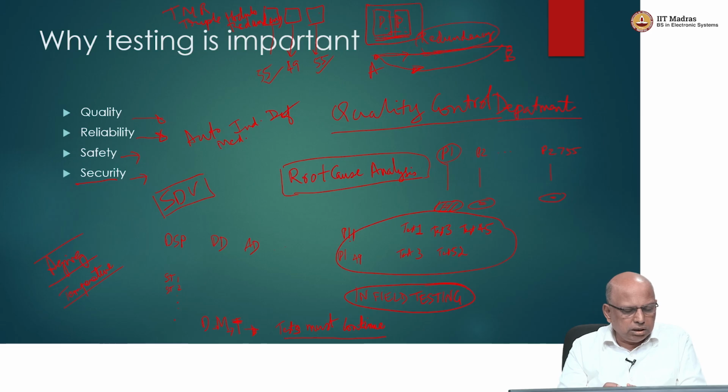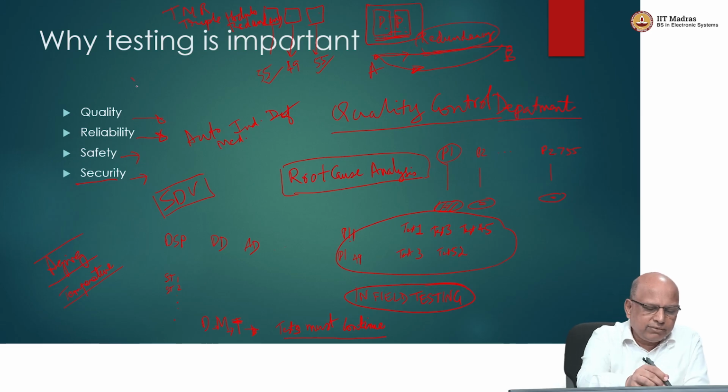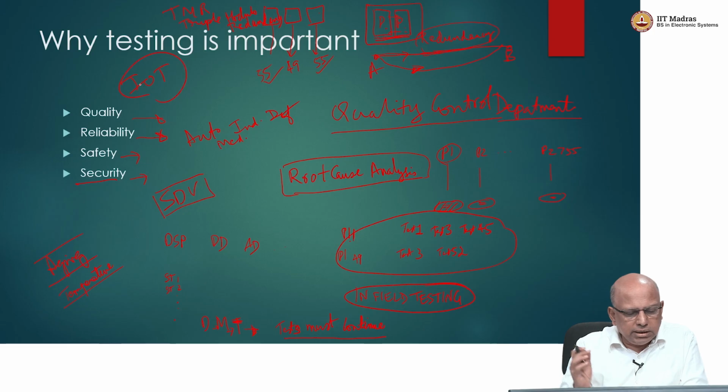So, virtually, I would possibly say that a lot of devices are now on the internet, which is good. You may have heard about Internet of Things. So, all these guys are on the internet.